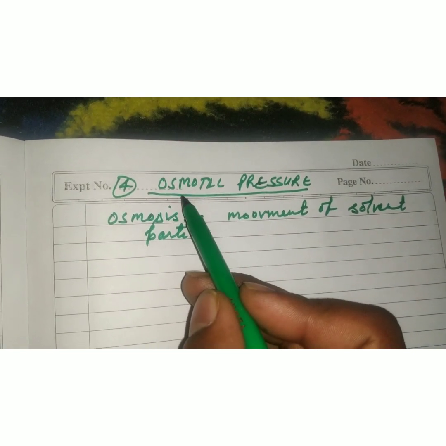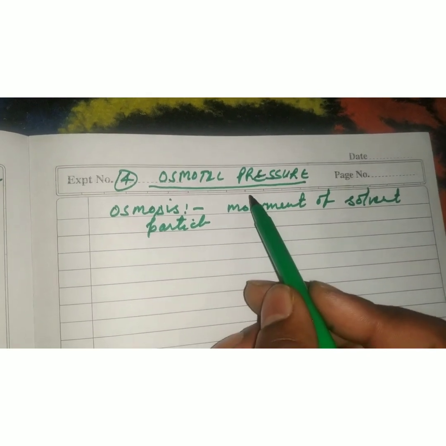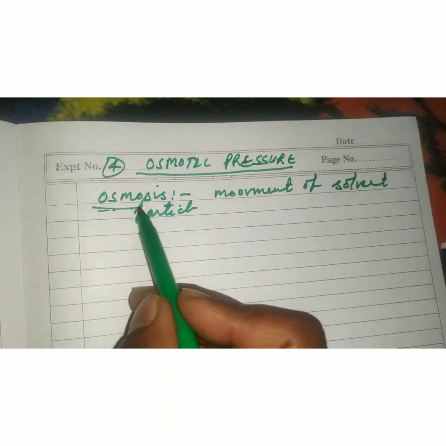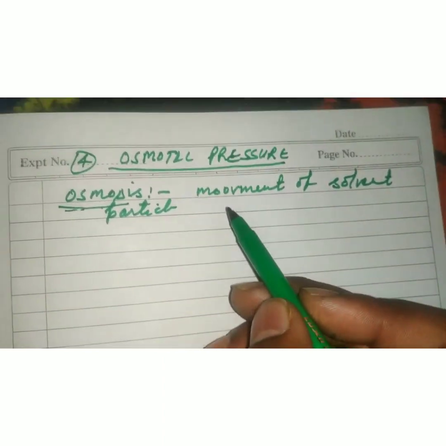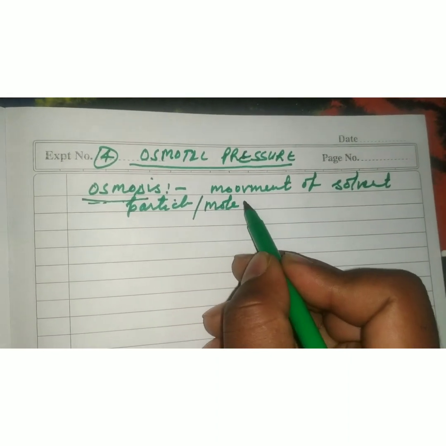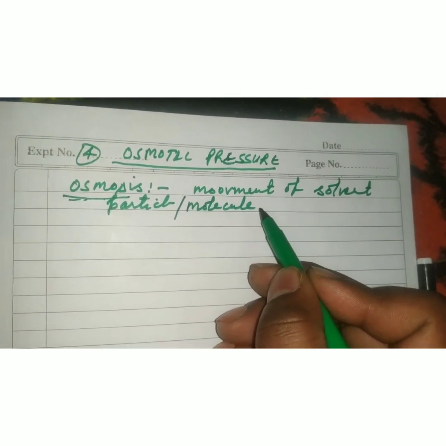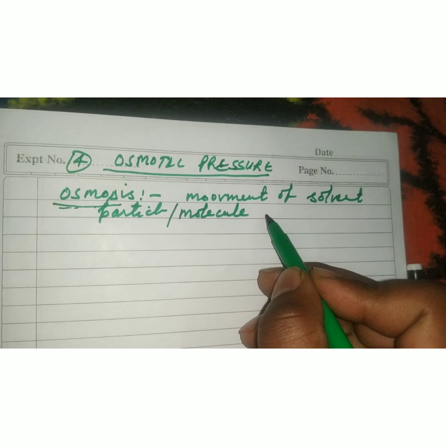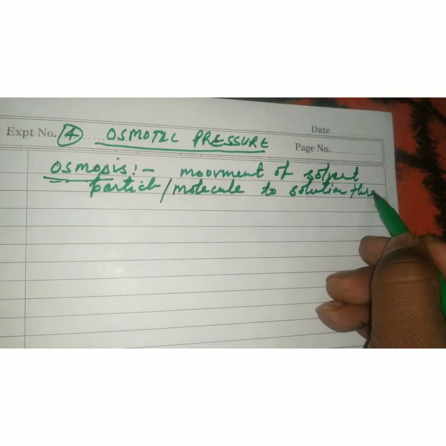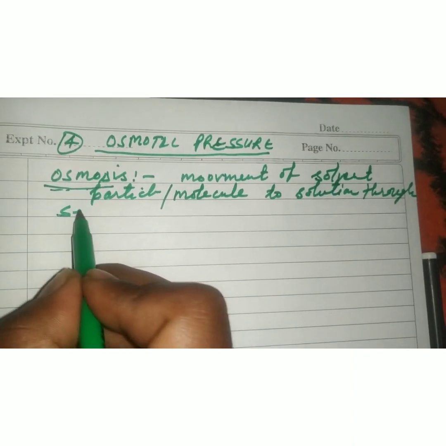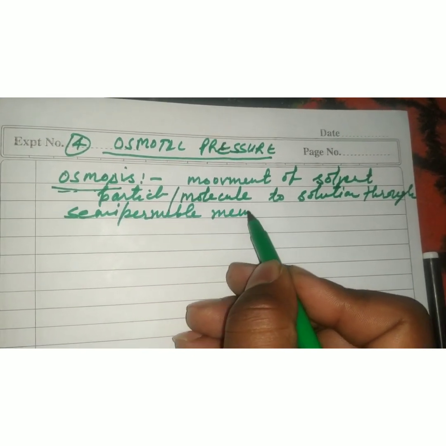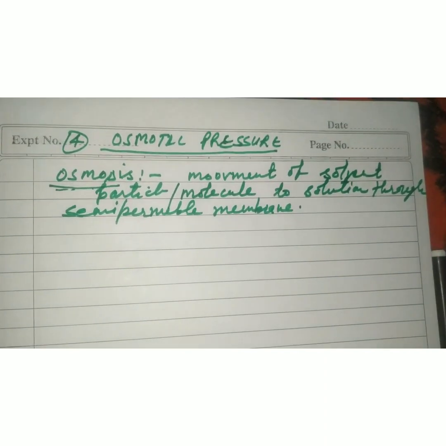So the fourth colligative property is osmotic pressure. Before explaining osmotic pressure, we need to explain osmosis. What is osmosis? Osmosis may be defined as the movement of solvent molecules to the solution through a semi-permeable membrane. Clear?